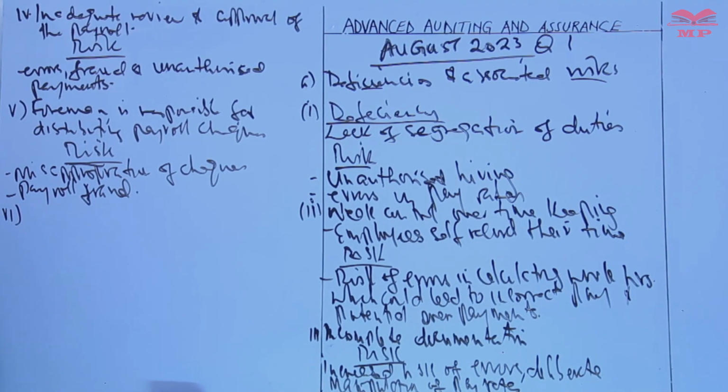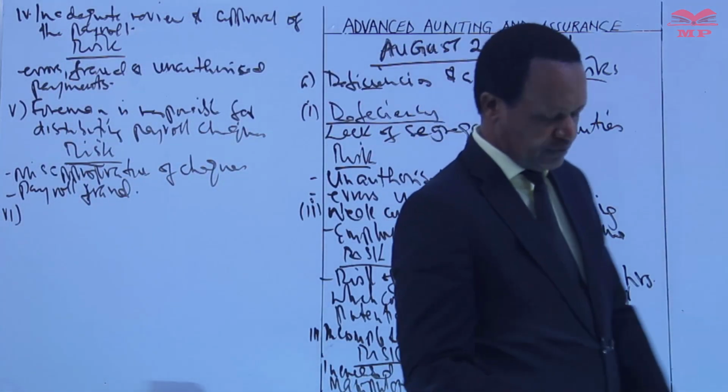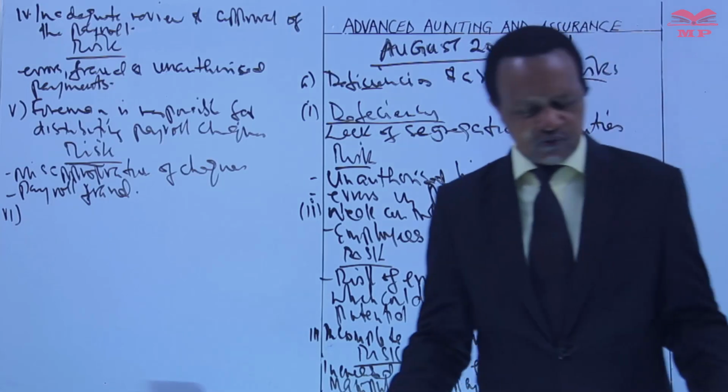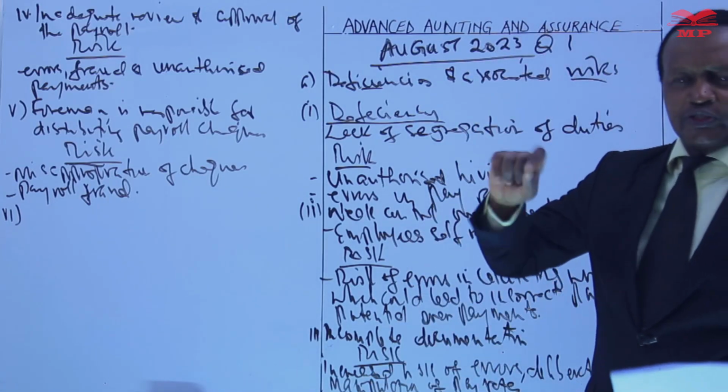Now you notice from what we've read, candidates, there is no mention of strong access controls for the payroll system, because here we are given information. The company has the following payroll procedures.